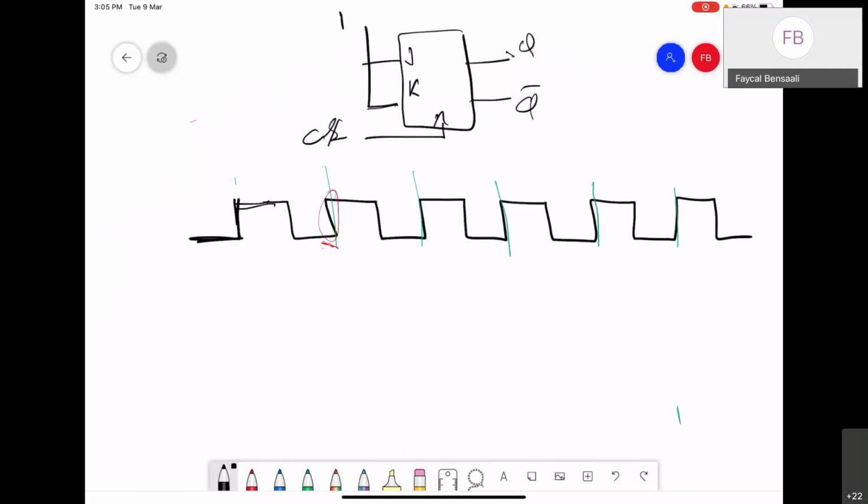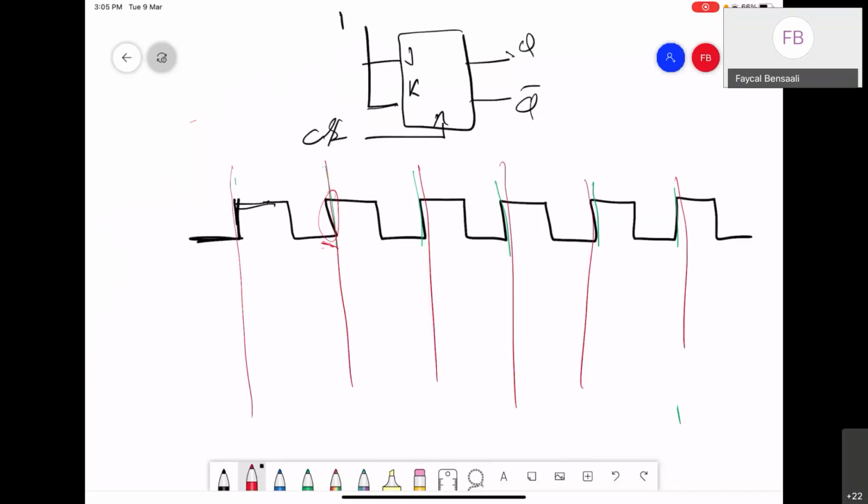Again, assuming that we work with the rising edges; the same applies to falling edges, yeah?